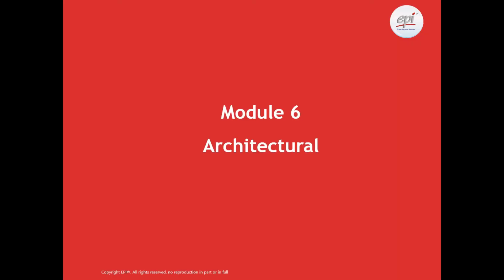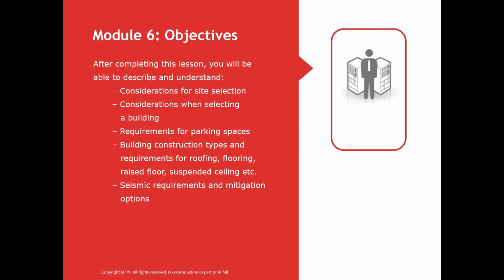Under Module 6, we will look at the architectural elements that apply to TIA. So under this module, as you can see, the objectives are: 1, considering your site and your location, and TIA gives us lots of direction around choosing the right or best sites for the long-term reliability of data centers.